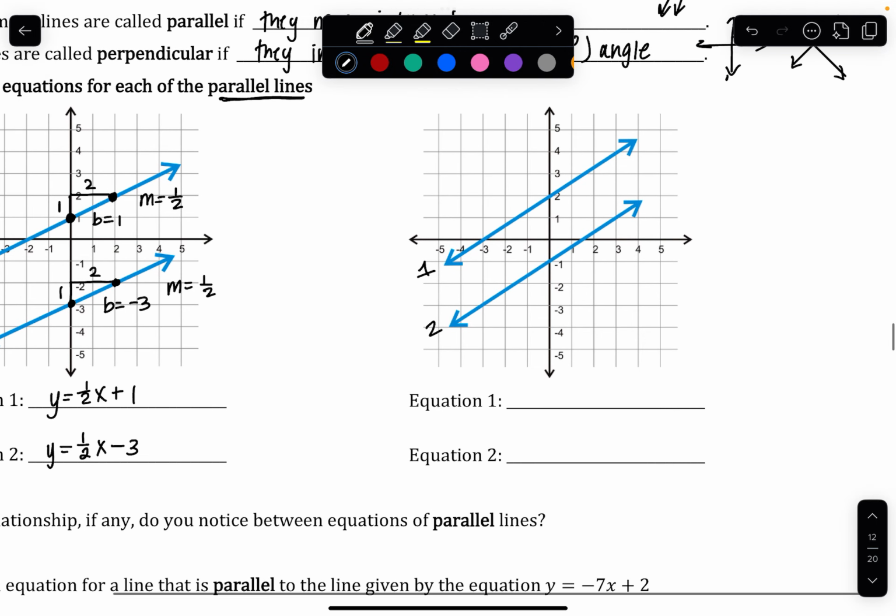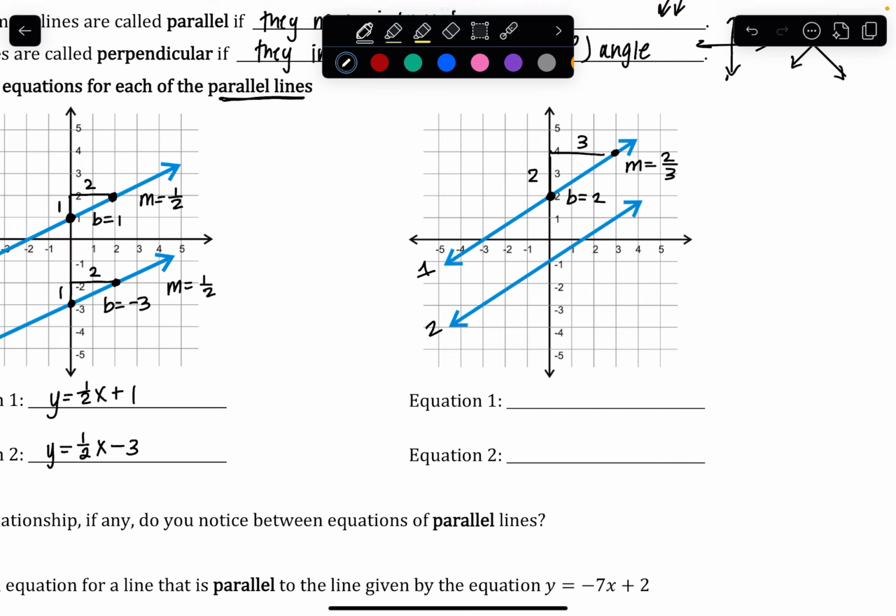Over here, equation 1 has a y-intercept of 2, and to find the slope, it is rising 2, running 3. So our slope is 2/3, and y equals mx plus b would be 2/3 x plus 2.